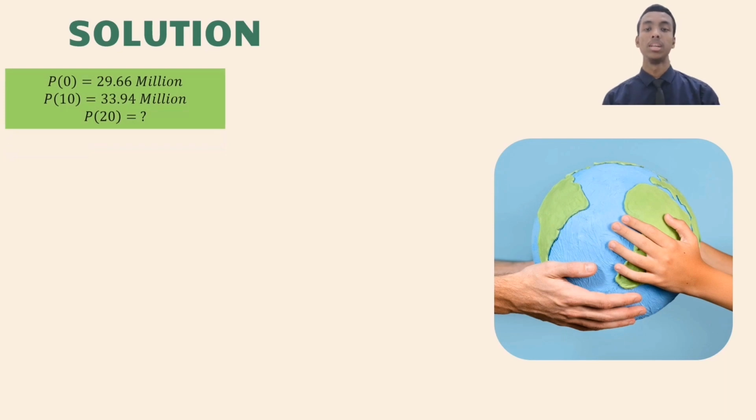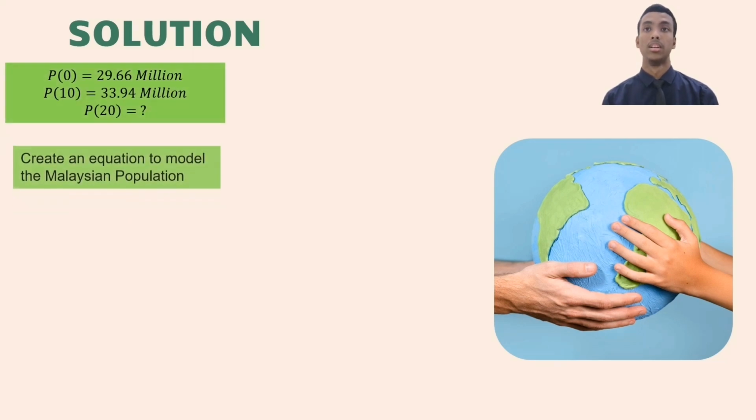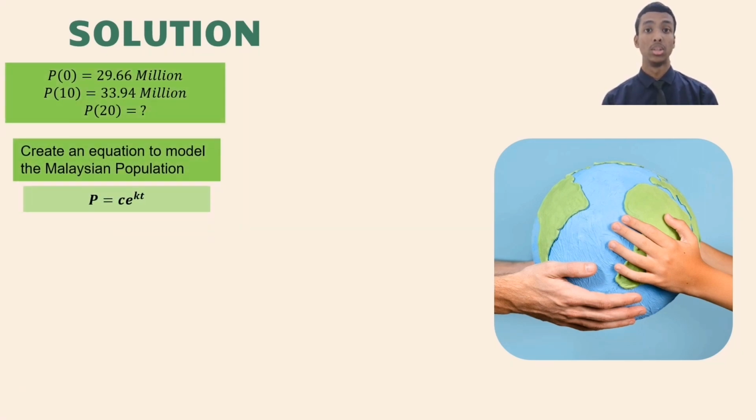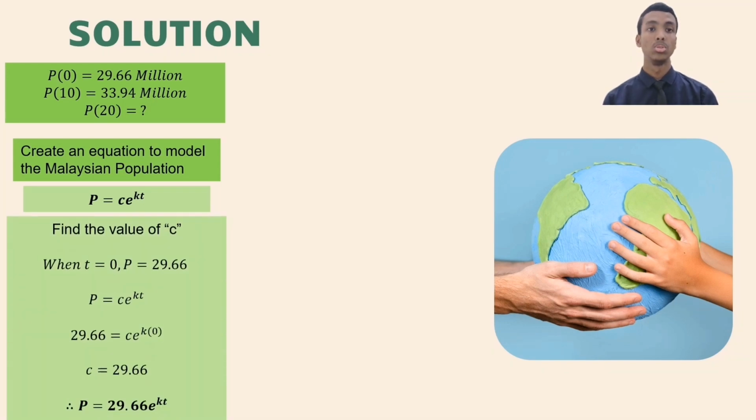From our problem statement, we obtain some information, which is P0 equal to 29.66 million, P10 equal to 33.94 million, and P20 equal to unknown, since it is the value that we want to find. First, we need to create the equation to model the Malaysian population at any time t, which is P equal to Ce to the power of kt. Since we use the method of population growth to solve this question, the model equation is the same as the general one.